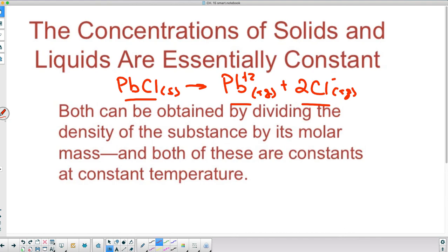And that concentration doesn't change at all. So even if you have the smallest amount of that solid left, that concentration of the solid is still 1. But the more solid that dissolves, the higher the concentrations, obviously, over on the other side of the Pb2+ and the Cl-. But the concentration of the solid doesn't change.